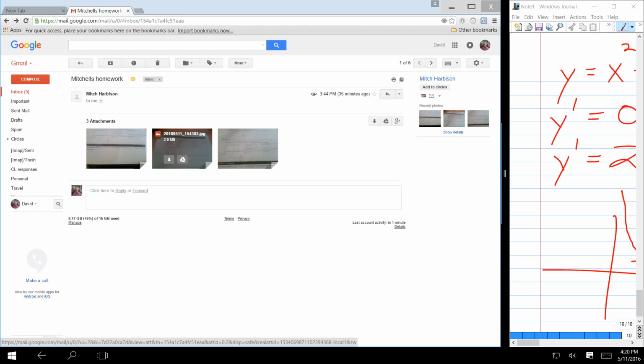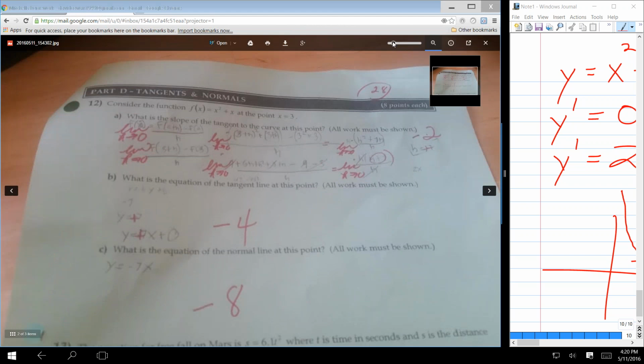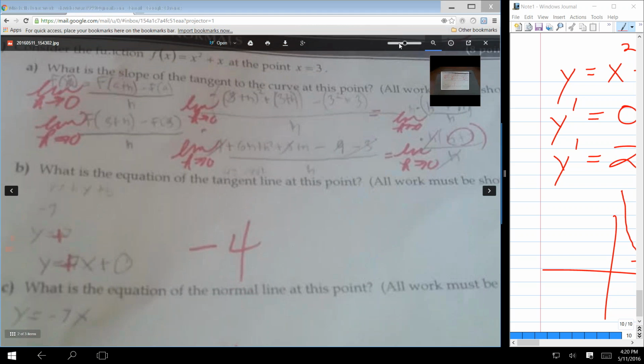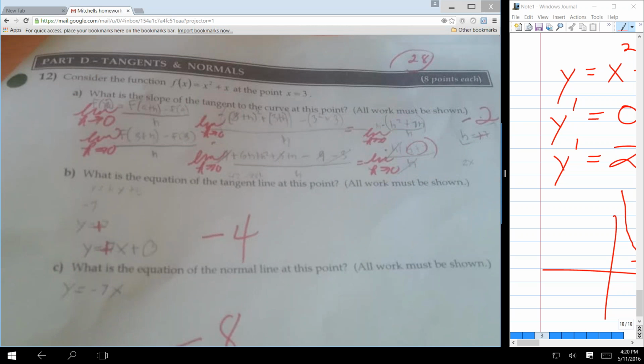Which page do we want to look up next? The middle one? Yeah, we can actually just look at the middle one. Okay. I think what I messed up on the middle one is I just screwed up on really simple math. Well, that's good and bad. It's better than screwing up on the concept.